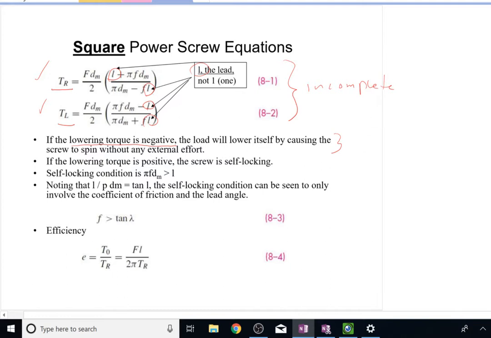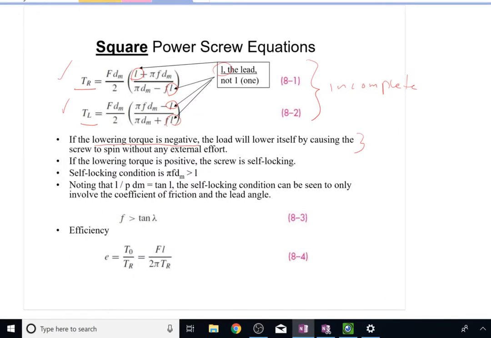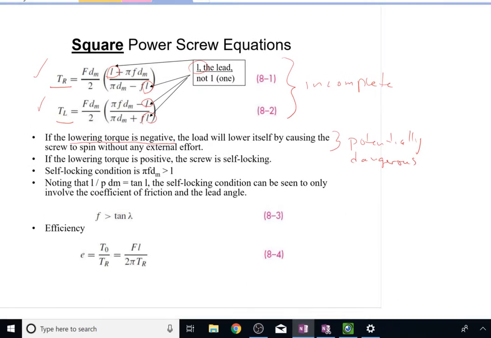So this is potentially dangerous. If you have a power screw and it can self-lower, that's not necessarily a good thing, obviously. If the lowering torque is positive, the screw is called self-locking. And that's generally what you want for a structural element, but not necessarily a positioning element.